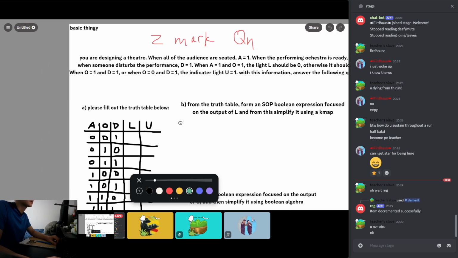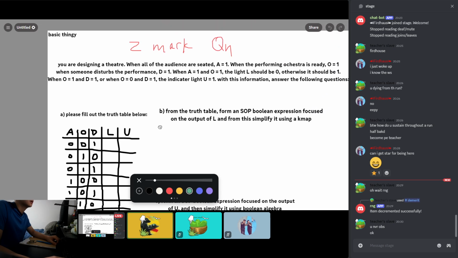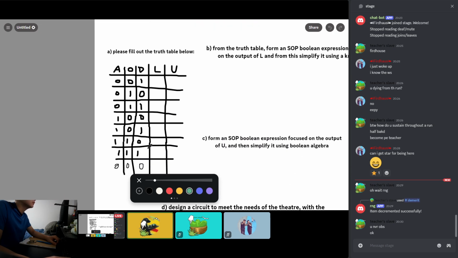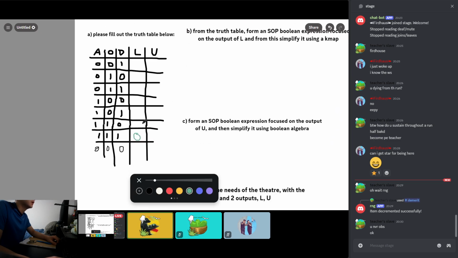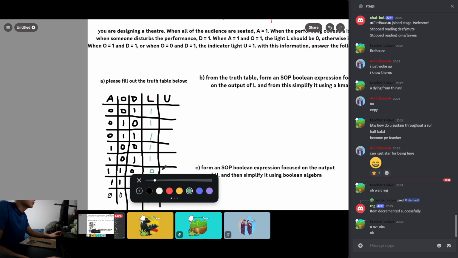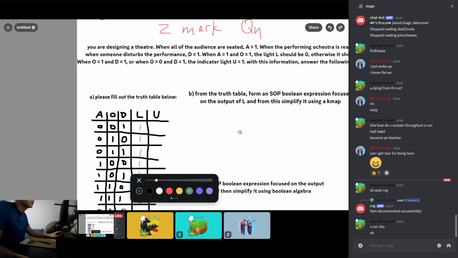So when 1 1, which is here, it will be 0. And then the rest are 1s.